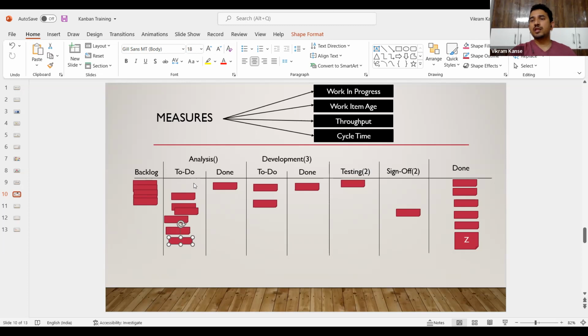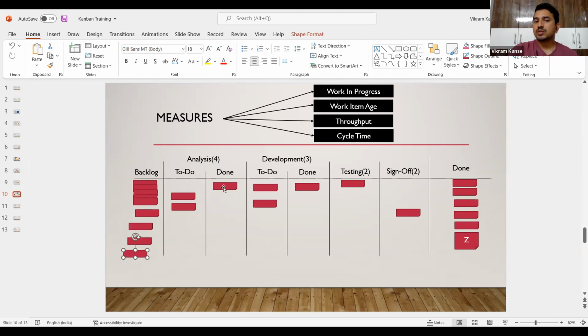I might feel that I can work on multiple projects in one go, but I'm not capable of handling more than 2 or 3 projects. So you are basically limiting the amount of work you are taking within your lane, within your workflow.